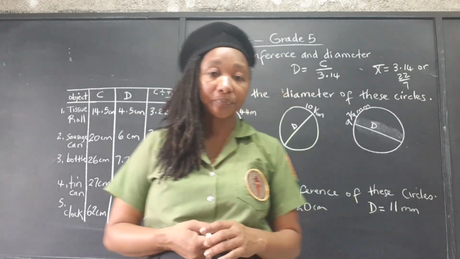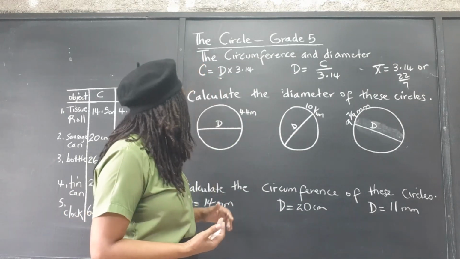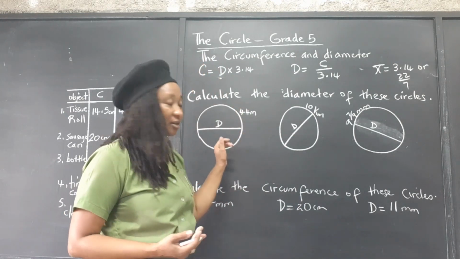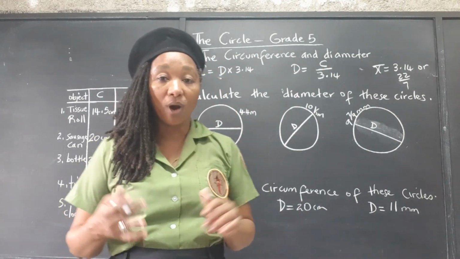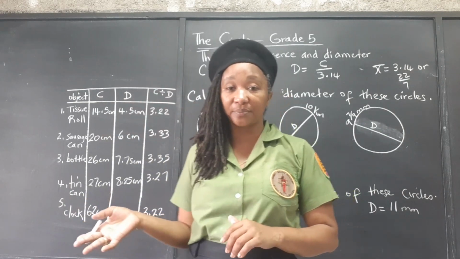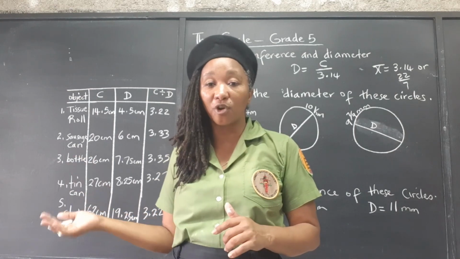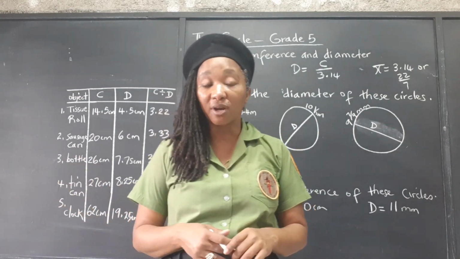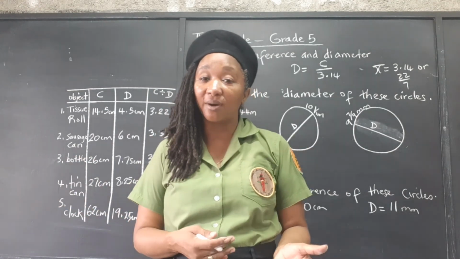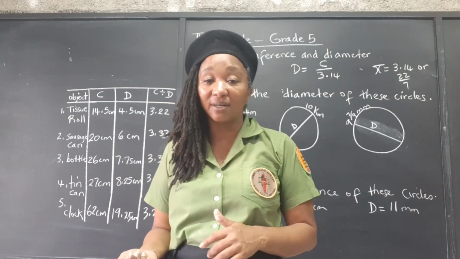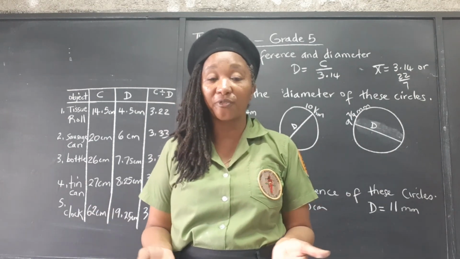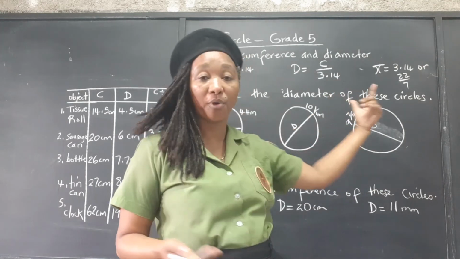So then, if we know the circumference of a circle and we want the diameter, since we know that the circumference is 3.14 or roughly 3 times the diameter, we just have to divide the circumference by that special number, pi.